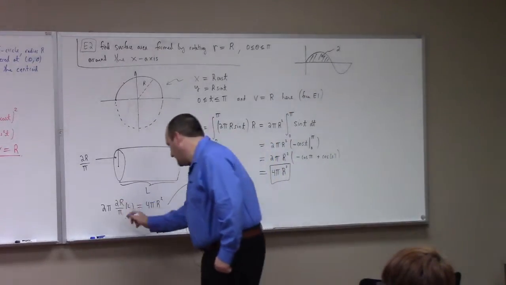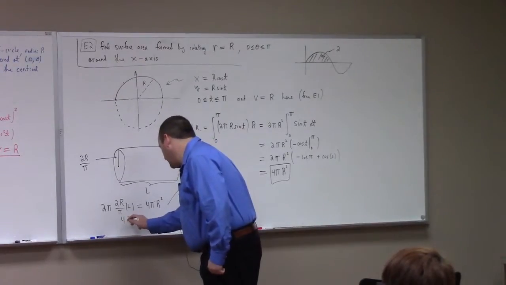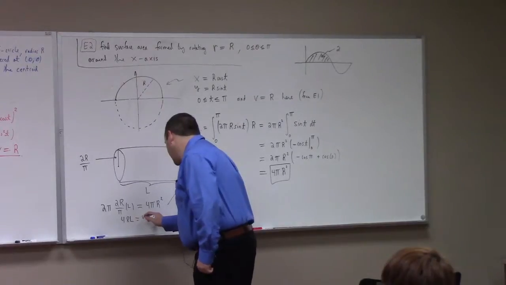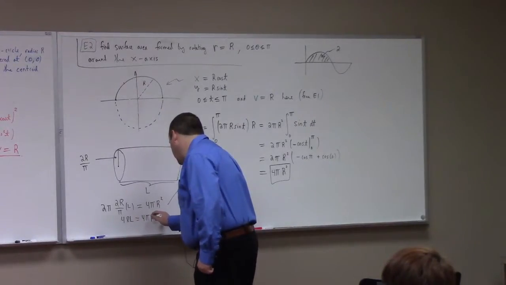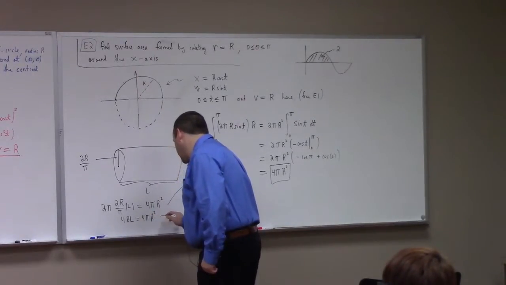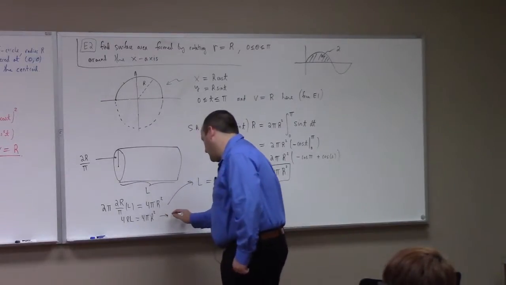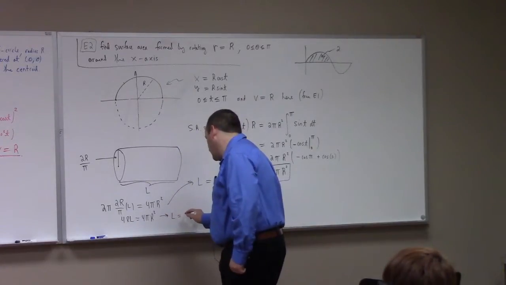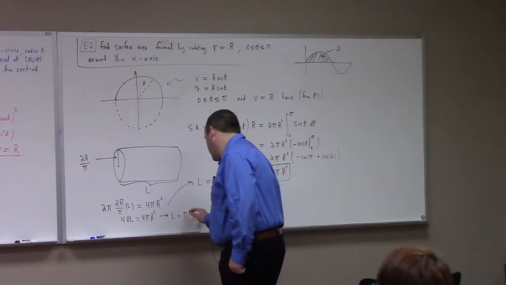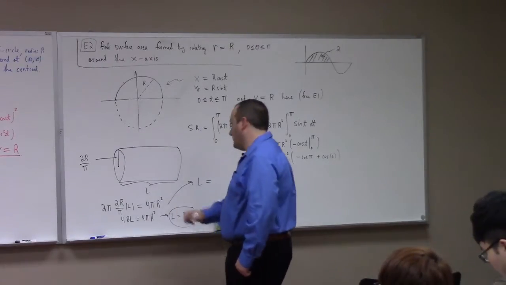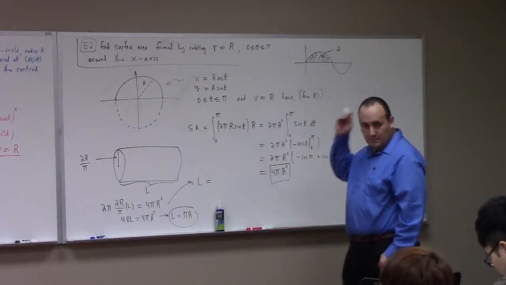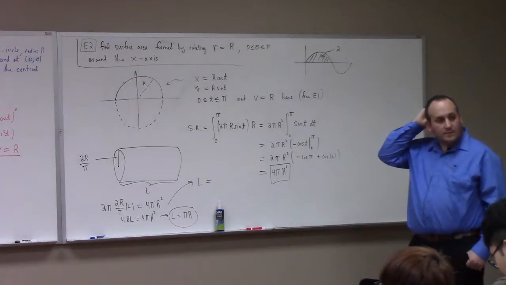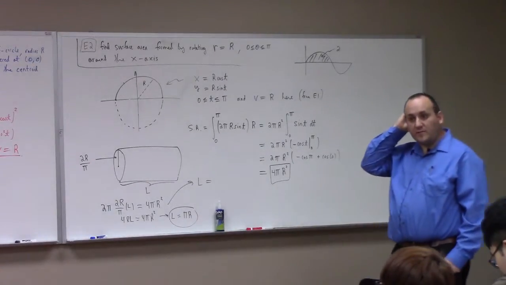So this cleans up to 4rL equals 4 pi r squared, so L equals what? Pi r. What is pi r? Pi r is the arc length of the curve which is revolved.